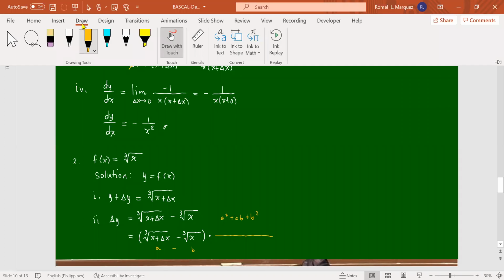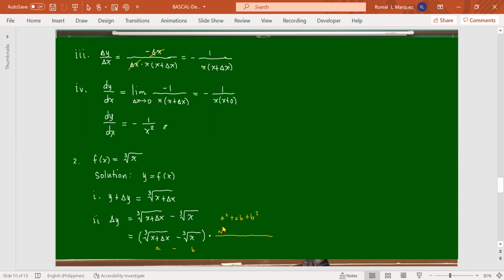Oh, what is that, guys? So, cube root, then squared, no? The cube root of x plus delta x, quantity squared, plus the product, cube root. So that is now the cube root of x squared plus x delta x. Am I correct, guys? If I multiply x plus delta x by x, it's not x squared, it's x delta x.